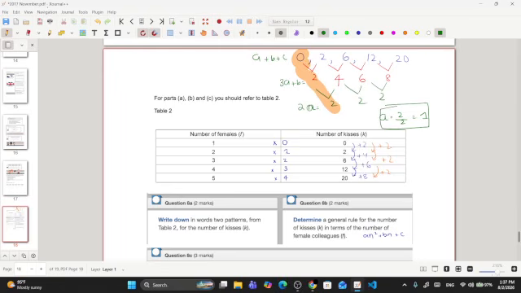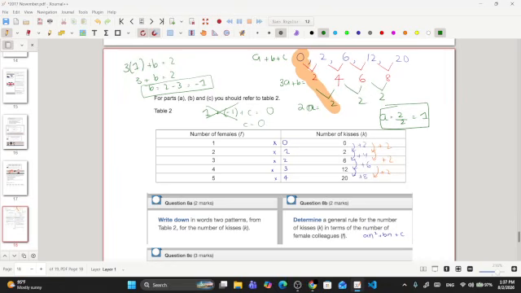A equals 1. 3 times 1 plus b should be equal to 2. 3 plus b equals 2. B equals 2 minus 3, which is negative 1. So b equals negative 1. Let's find the value of c. 1 plus minus 1 plus c equals 0. 1 minus 1 cancels out. So we have c equals 0.